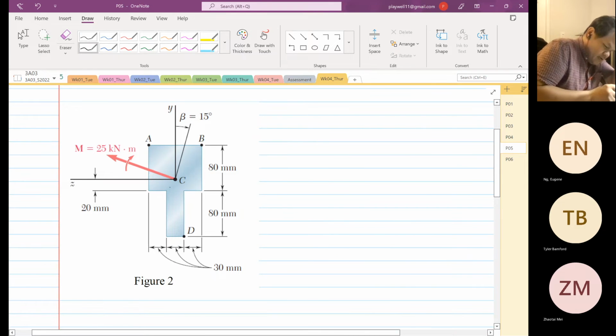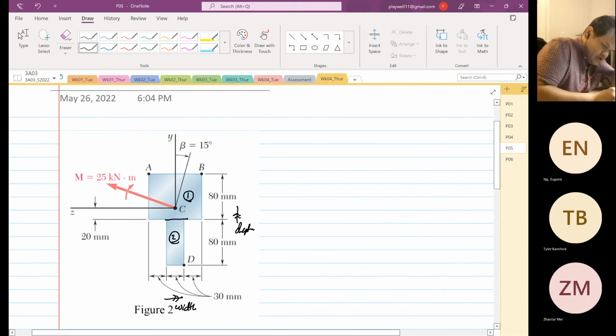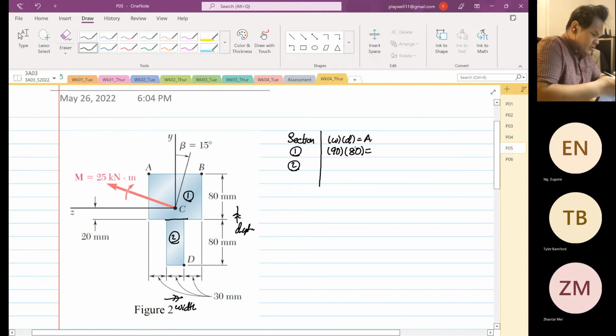So we have to find the centroid again, right? This is my section 1, and this is my section 2, with width, depth, and area. For the first one, the width is 90, the depth is 80, so 90 times 80 is 7200.